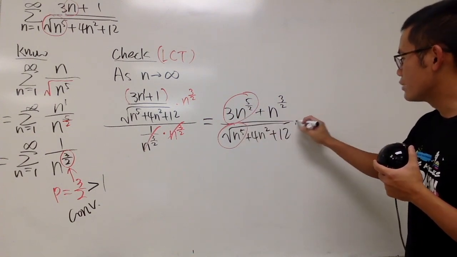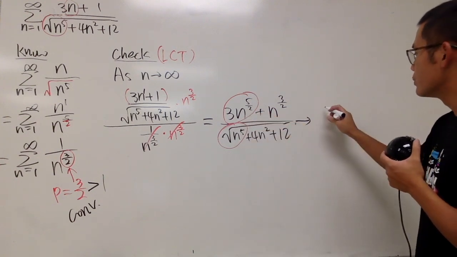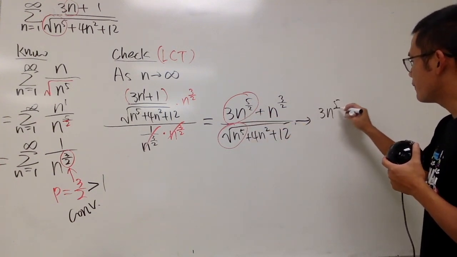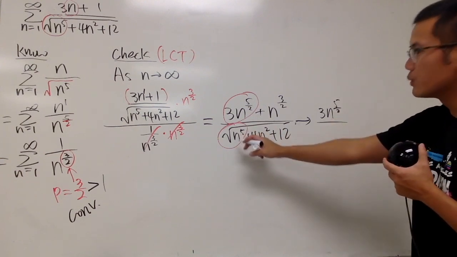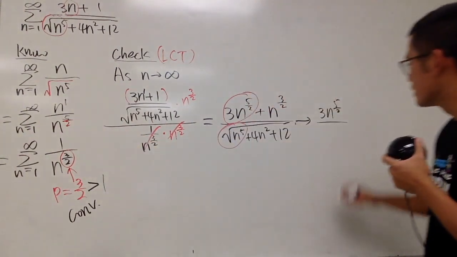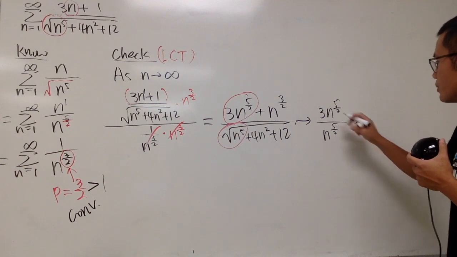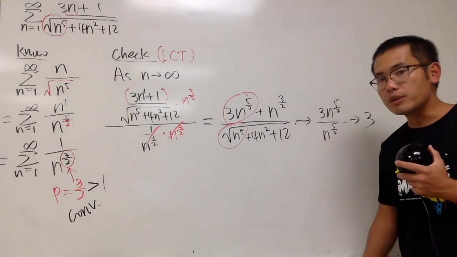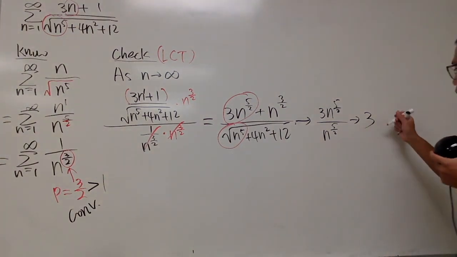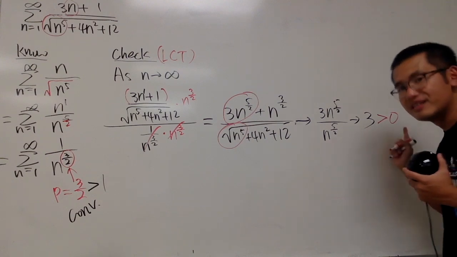We'll take the limit, so I shall draw an arrow, and then we pretty much have 3 times n to the 5 over 2 over this, which is the same as n to the 5 over 2. And this right here will go to 3, of course. Because we're doing the limit comparison test, this is good, and notice we are looking at this, and we have to say this is greater than 0.